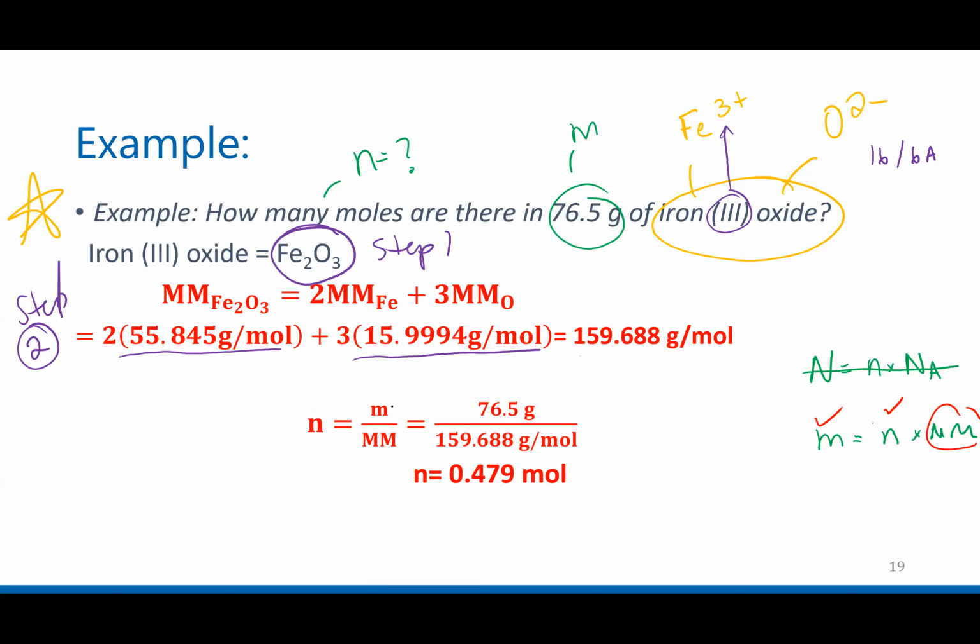And then what I do is I plug all of my information into my formula. So moles equals mass over molar mass, right? So my mass is 76.5. My molar mass is 159.688, and I divide. And the unit for moles is, of course, mole, M-O-L. And there we go, that's it.